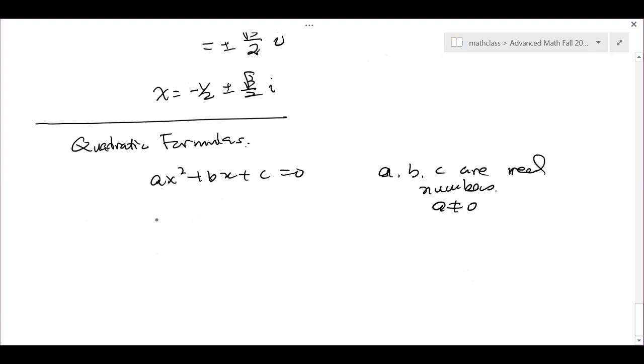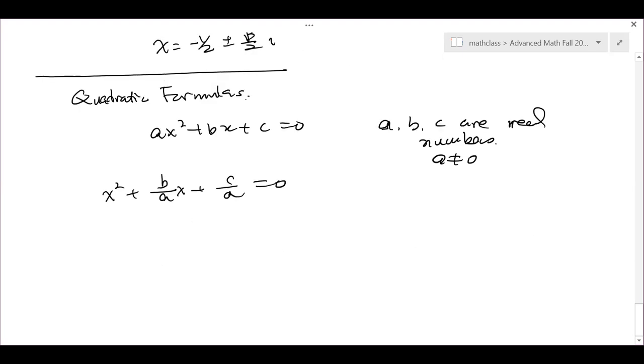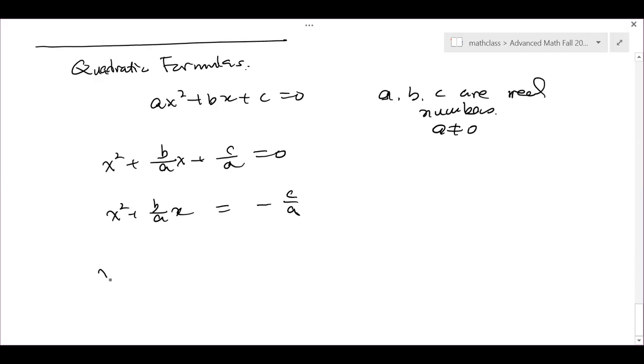Okay, so this equation is equivalent to, no problem, what we have to do is divide both sides by a. And that equation is going to be equal to negative c over a. No problem, right? Now I'm going to complete the square. Here's b over a times x. So what I should add is actually b over 2a, squared.